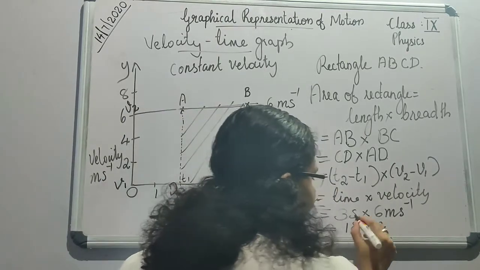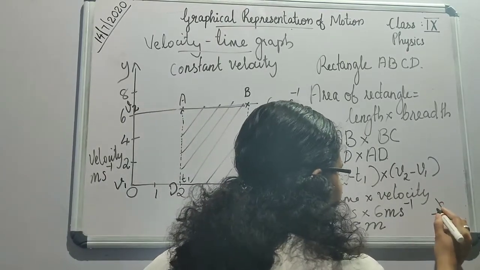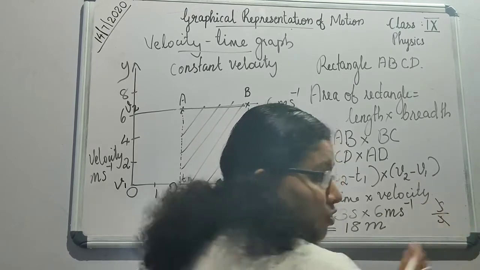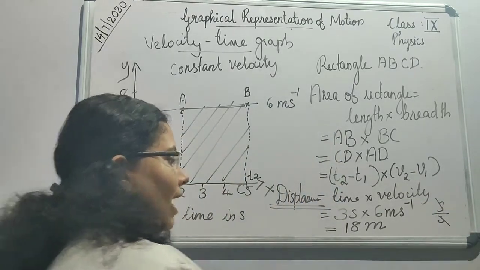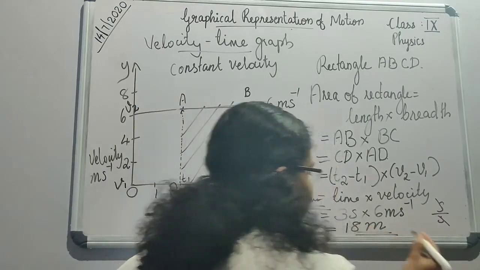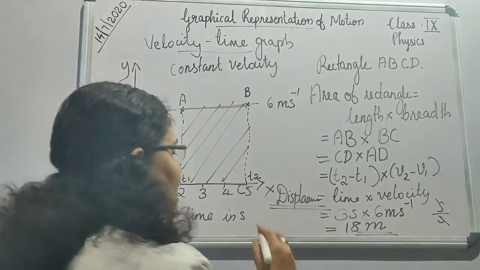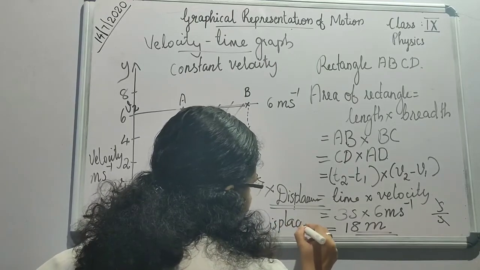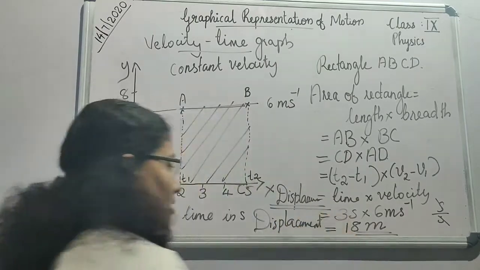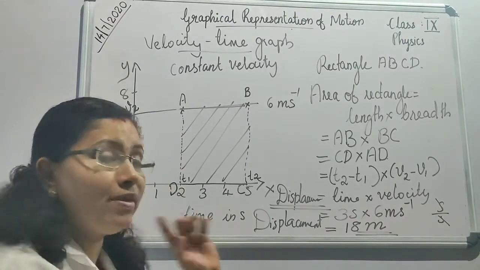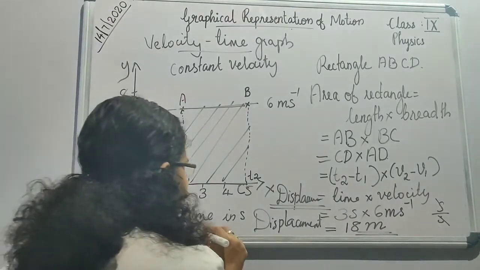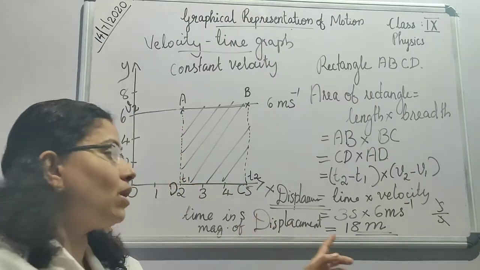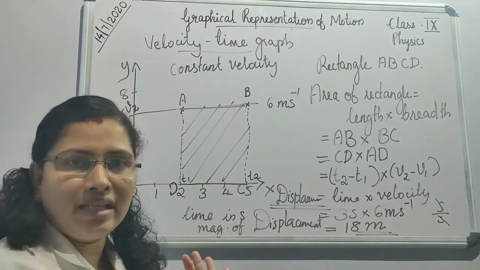It is 18 meter, since seconds into m s raised to minus 1 gives meter. We should say the magnitude of displacement of the object is equal to 18 meter.